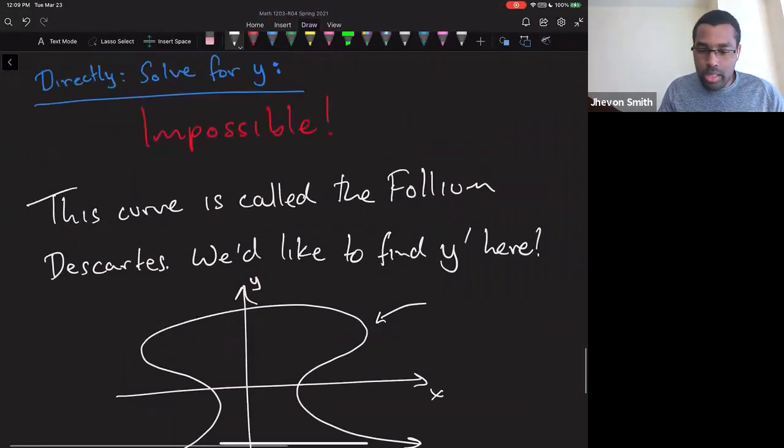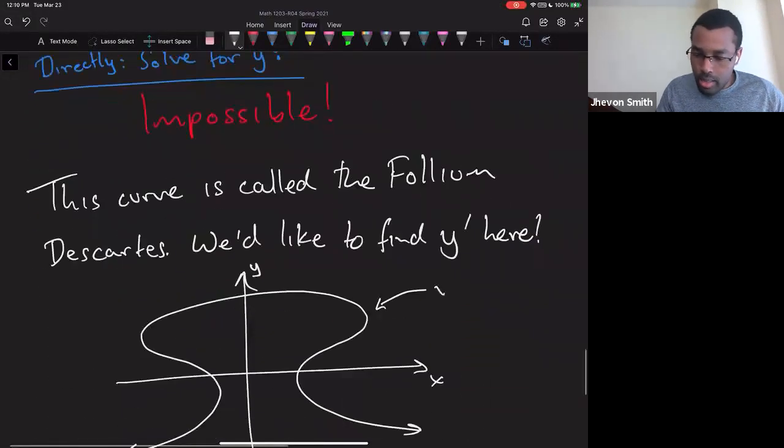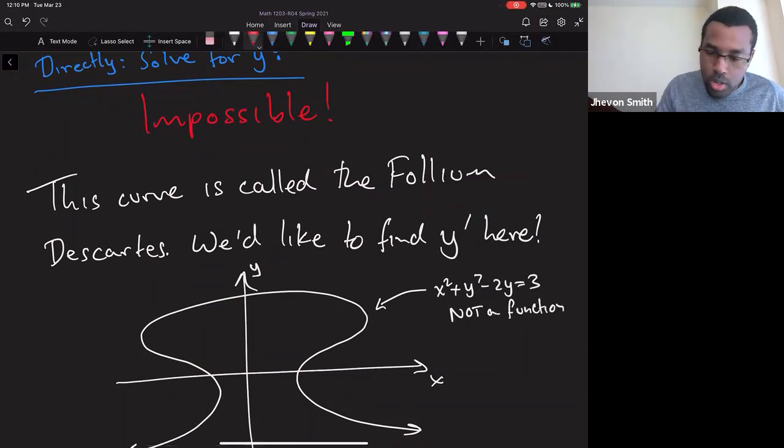So this is your x squared plus y to the 7th minus 2y equals 3, not a function. So even if you could solve for y, it wouldn't be a function. It would have to come in multiple pieces. But we have no idea what these pieces would look like because we can't write down a formula for them.